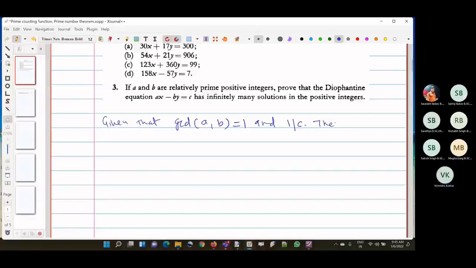Therefore, AX minus BY equals C has a solution.